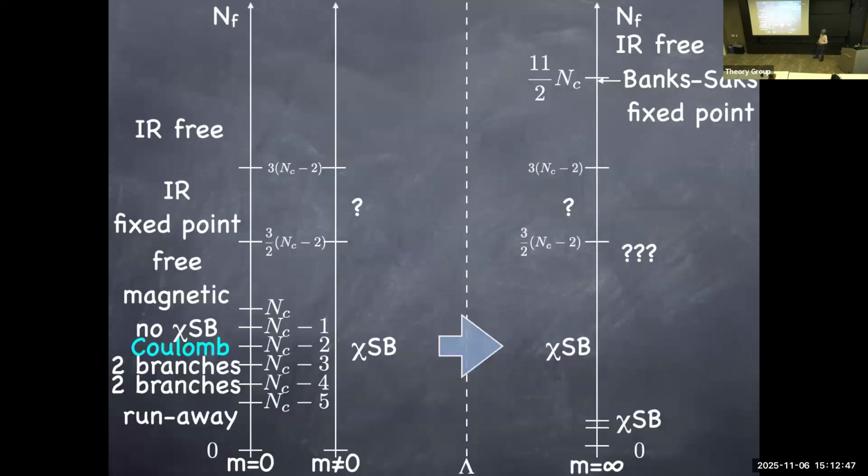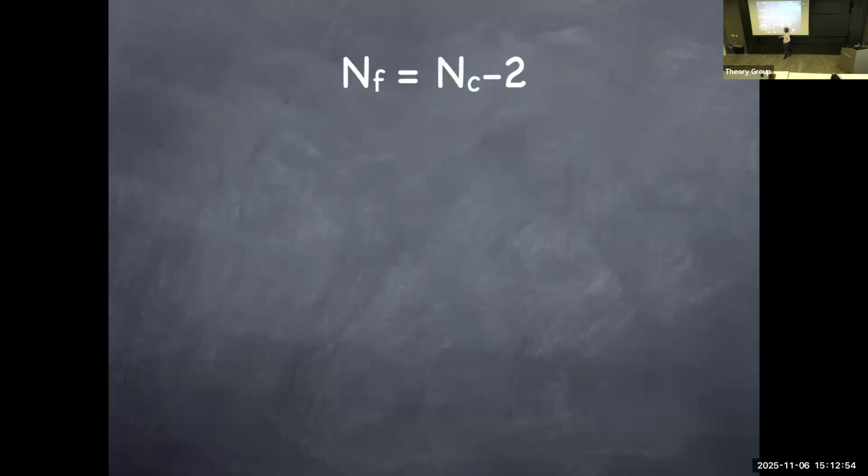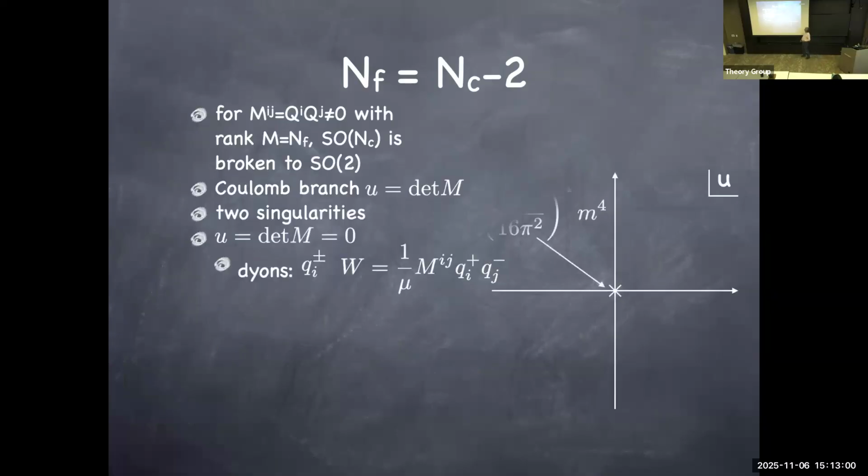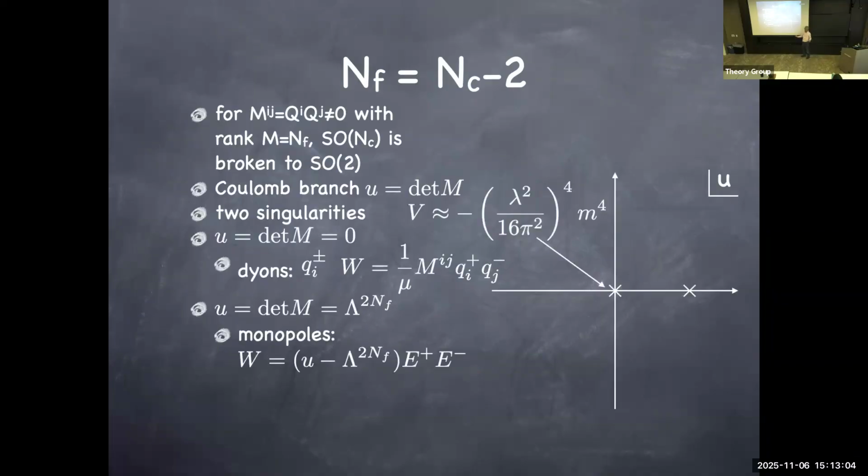Then for SO(NC) gauge theories, it turns out that there is a particular value of the number of flavors where you see a Coulomb phase. In this Coulomb phase, again, you have this moduli space where you have points where monopoles become massless. And again, because anomaly mediation is UV insensitive, you know exactly how SUSY breaking would appear on these monopole dyon states and can work out the solution.